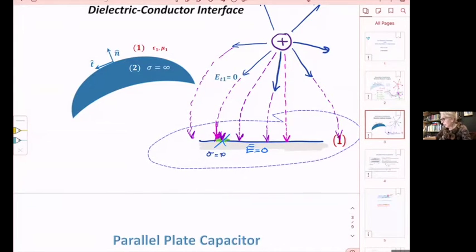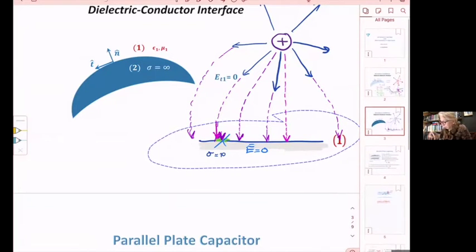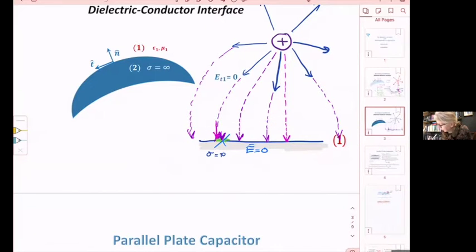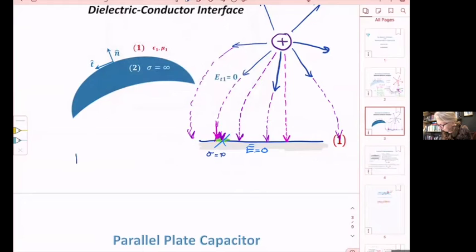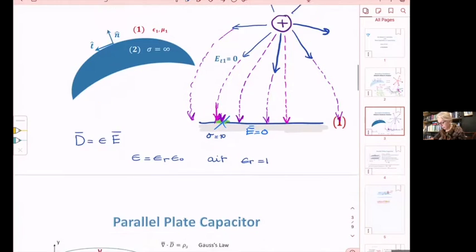And the relationship here, as you know, is that D equals epsilon E, where epsilon, just to remind you, is epsilon R times epsilon naught, and for air, epsilon R equals 1. Okay? That's what we remember.